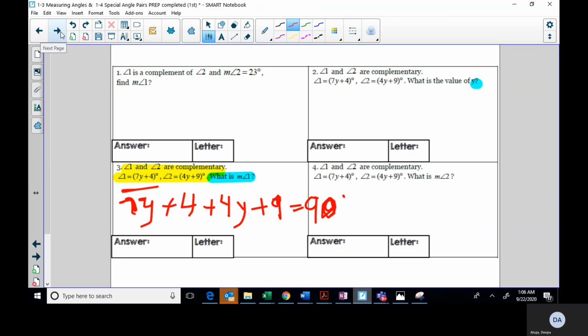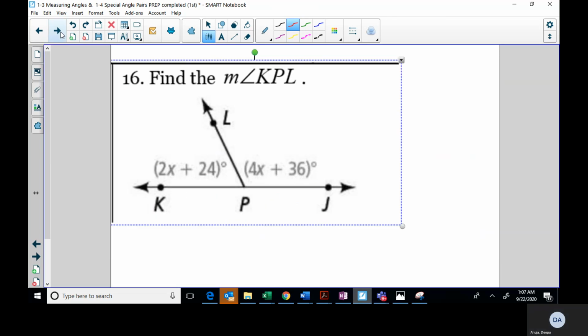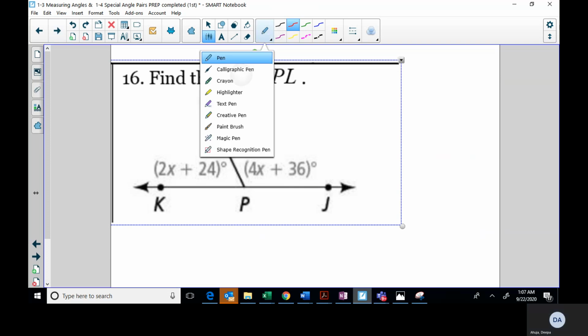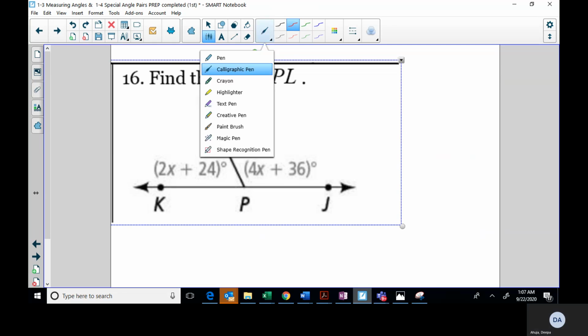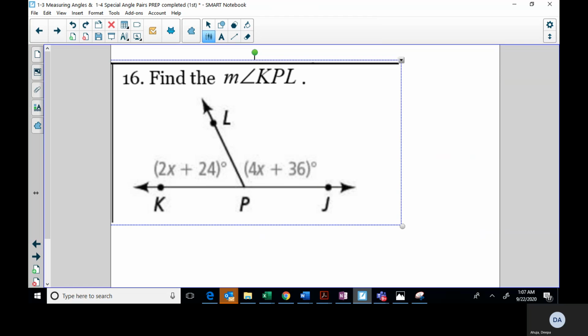Now, if we have a question like this, find the measure of angle KPL. How do you find out the measure of angle KPL? Let's use the highlighter here. KPL, that's what you have to find out.